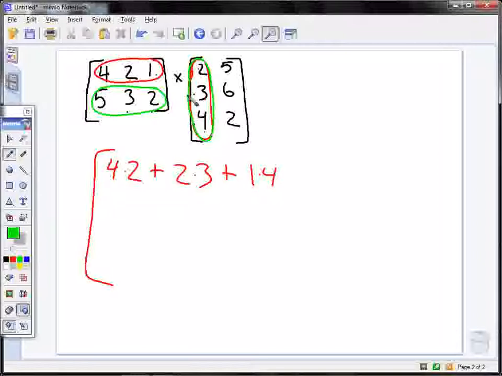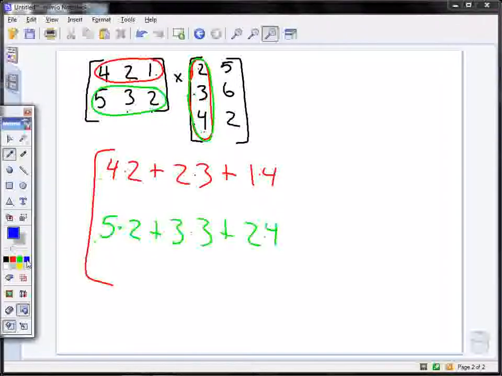So now, I'm going to have my 5 times my 2 plus my 3 times this 3 plus my 2 times my 4. And that's going to give me my first row, first column, and my second row, first column.